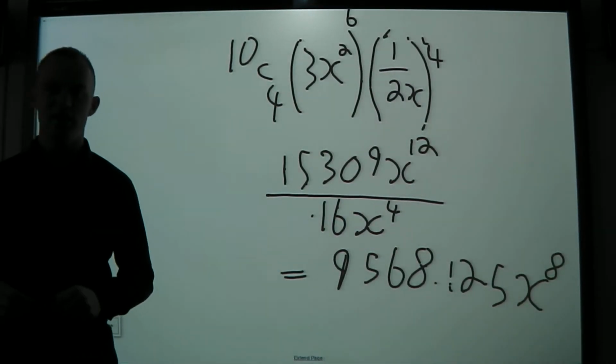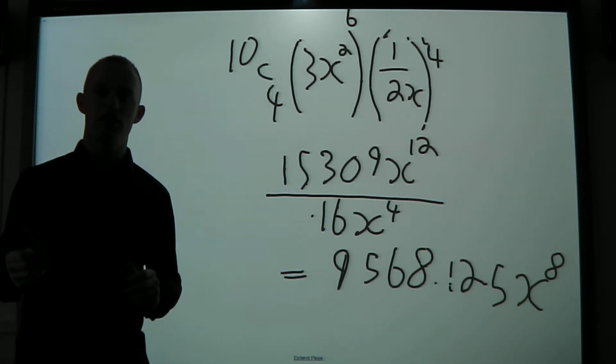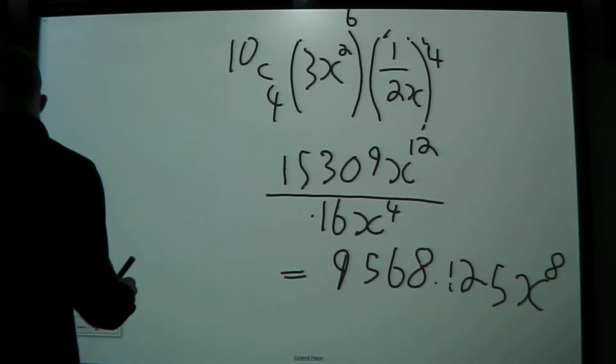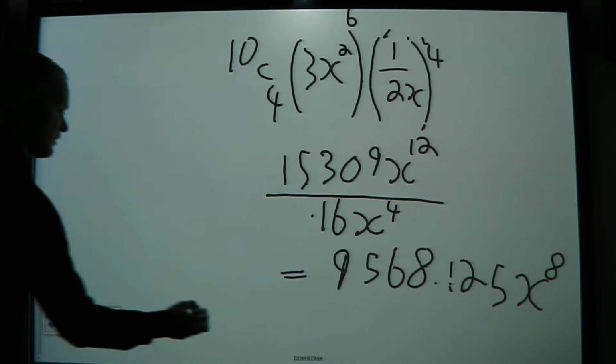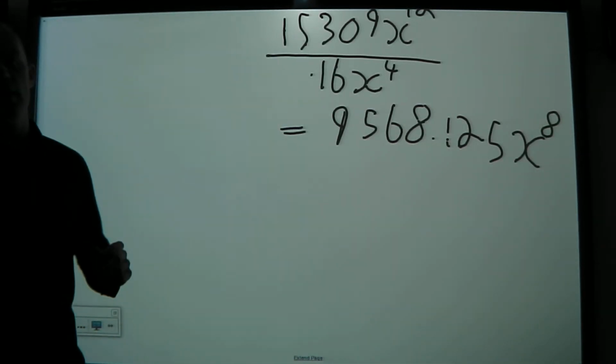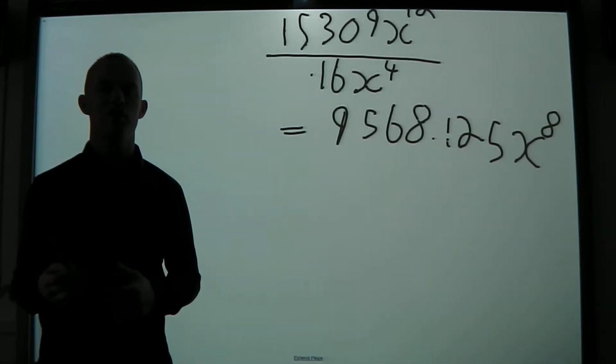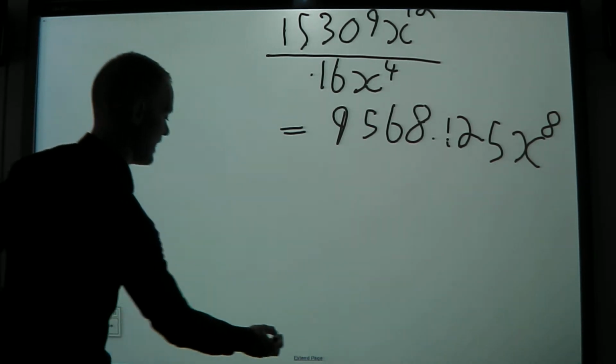And our next question here is to show there is no term independent of x. So let's go back to the formula here. When we were looking for the coefficient of x to the power of 8, we had x to the power of 8 on the right hand side.